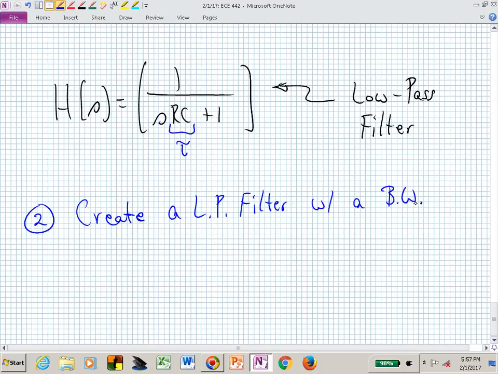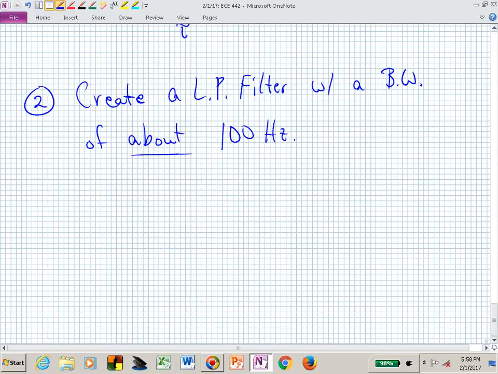with a bandwidth of about 100 hertz. I'm going to put that about in there because I may not want to keep track of too many digits of pi. I may want to just round pi to 3. So there's my about. But it's close to 100 hertz. Now I want a low-pass filter with a bandwidth of 100 hertz, which means every frequency up to 100 hertz I'm roughly passing.